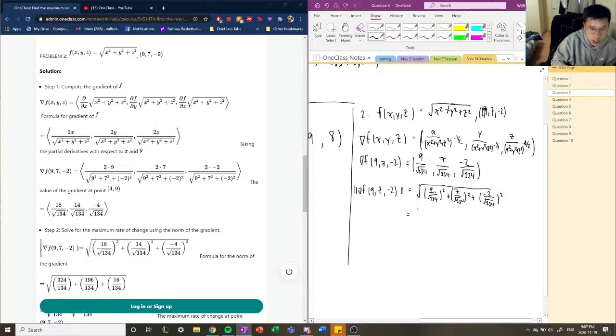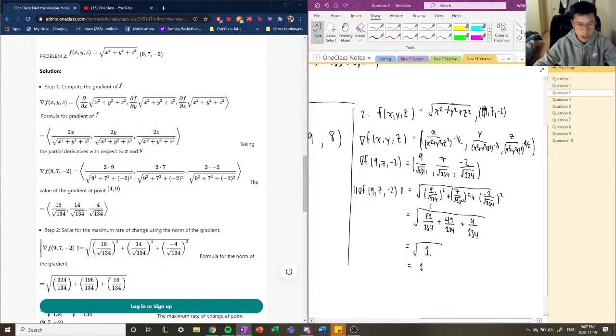Okay, so this would equal 81 divided by 134 plus 49 divided by 134 plus 4 divided by 134. Cool. We're going to add these fractions up. 81 plus 49 is 130, plus 4 is 134. So all we get in the end is the square root of 1, which equals 1.